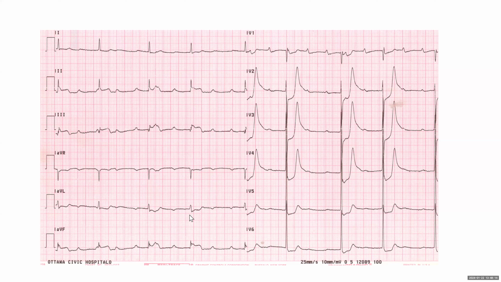It's always better to have a rhythm strip to comment on regularity. But there's no group beating. So you should have regular RR intervals in complete heart block with junctional escape rhythm, but you can have a beat that comes early from the escape.